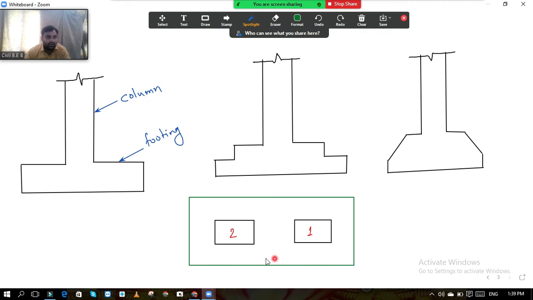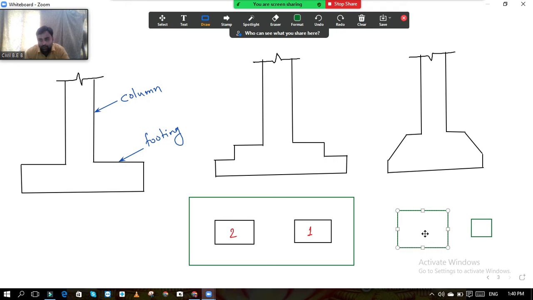And the second type is the trapezoidal combined footing. Now when we design that type of footing, suppose again my two columns are there. This is my first column, which has smaller dimensions, but the second column, which is situated near this column, has more dimensions. It is a big column.